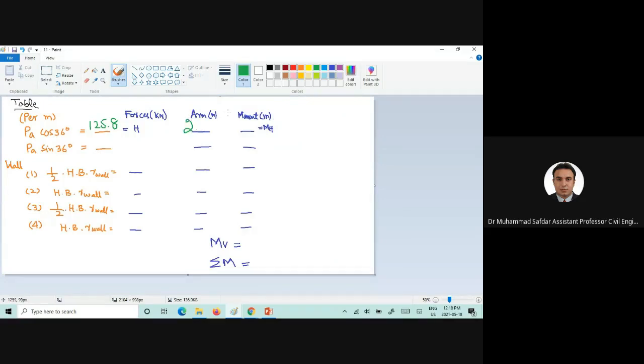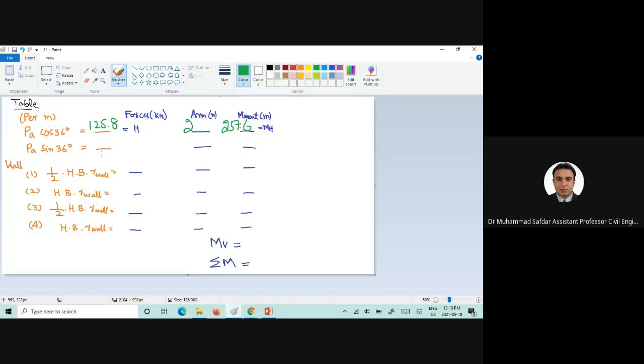Now give me the value of the moment due to the horizontal force which is exerted onto the retaining wall. 251.62. 251.6, I would say that. Okay, now with PA sine 36 degrees we will get the vertical component of the lateral earth thrust or lateral force.